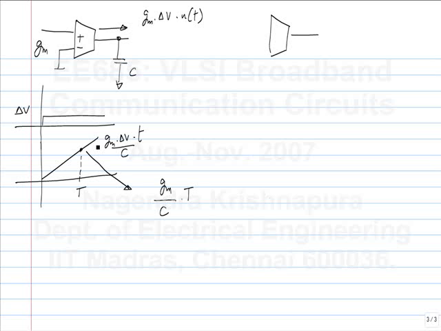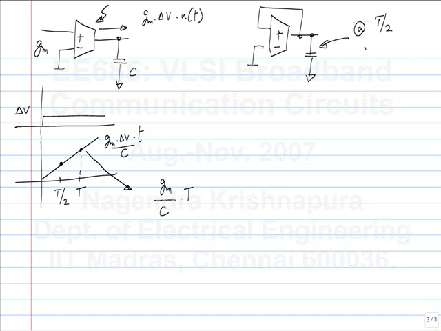So the next one is the same circuit, except from 0 to t by 2 it is like this, and from t by 2 to t, it looks like this, right? Is that okay? So the initial part is the same up to t by 2. At t by 2, the voltage across this is Gm by C times t by 2.